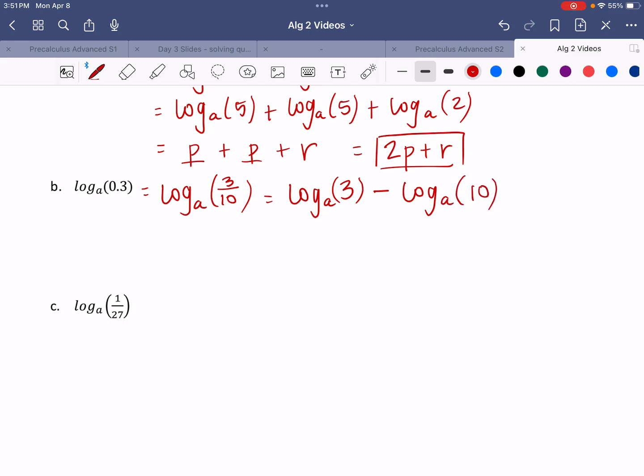Now, the tricky thing we haven't talked about yet is if this is subtracting 10, as I expand that out, I have to be subtracting both the log base a of 5 and the log base a of 2.